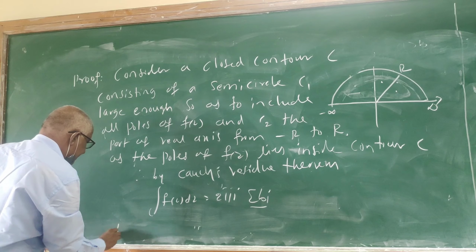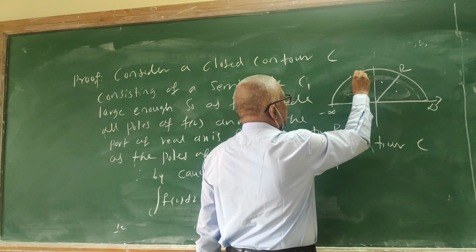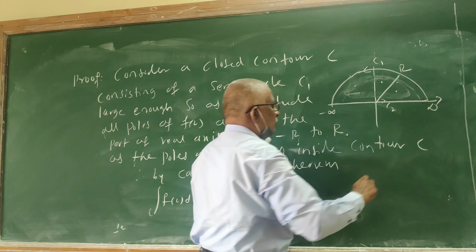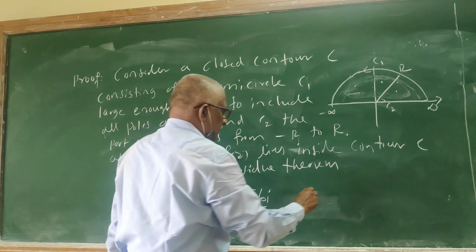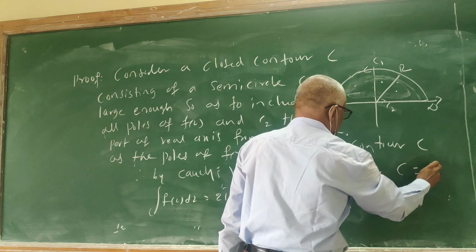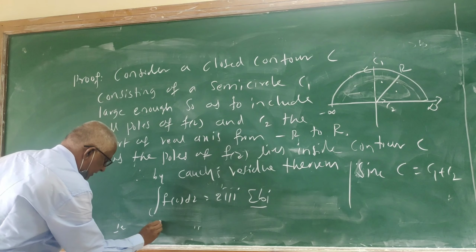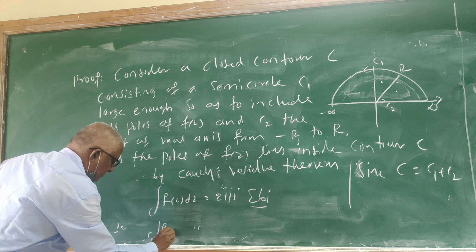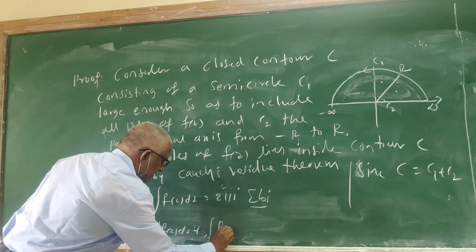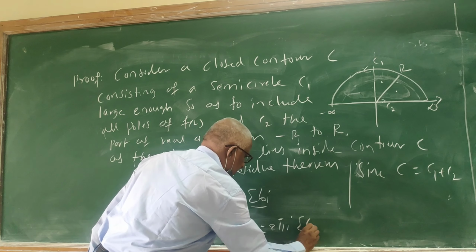What is C here? C is the sum of the two: one is C1, another one is C2. Since C is equal to C1 plus C2, therefore the integral over C1 of f of z dz plus the integral over C2 of f of z dz is equal to 2 pi i into sigma b i.